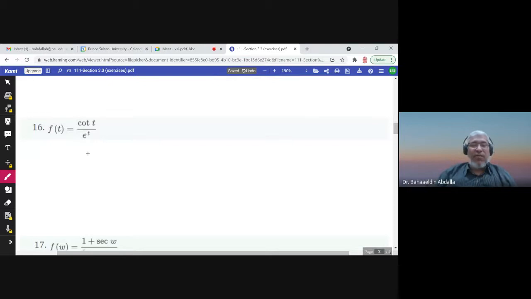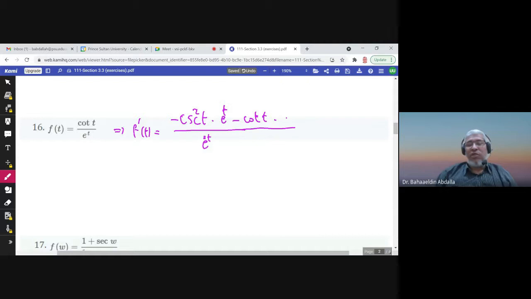Again, I have a quotient here. So f prime of t would be, with e to the power 2t in the denominator, the derivative of cotan, which is negative cosecant square t, times e to the t, minus cotan t times the derivative of e to the t, which is e to the power t.